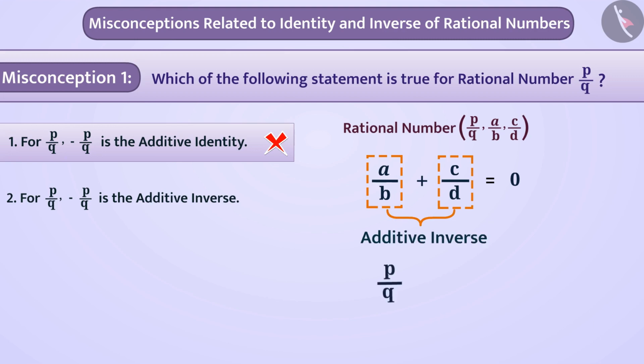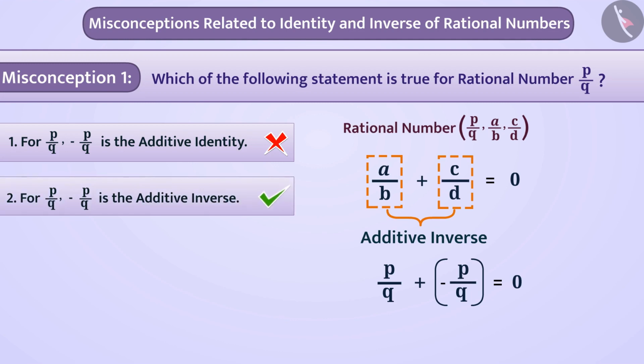Here, addition of p by q with minus p by q gives answer as 0. Therefore, for p by q, minus p by q is the additive inverse. Therefore, option 2 is the correct answer.